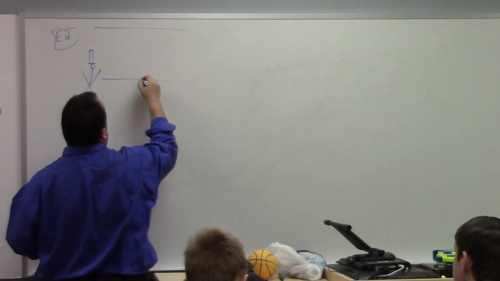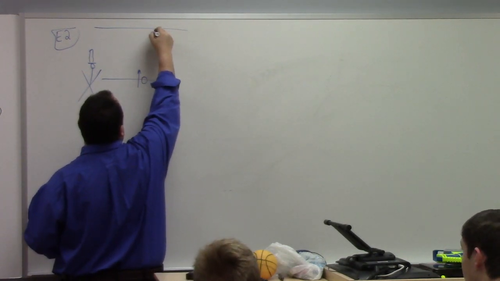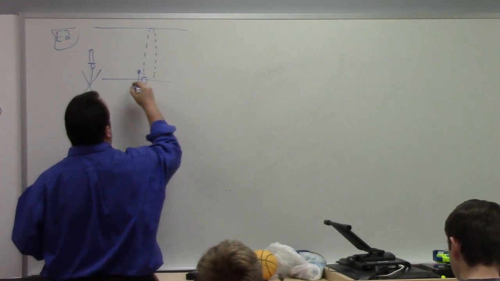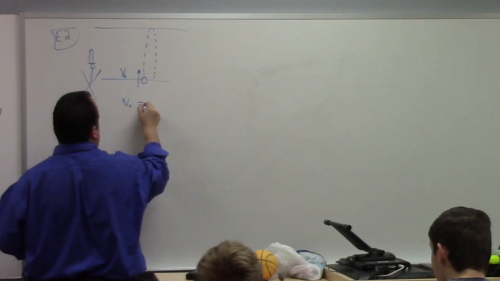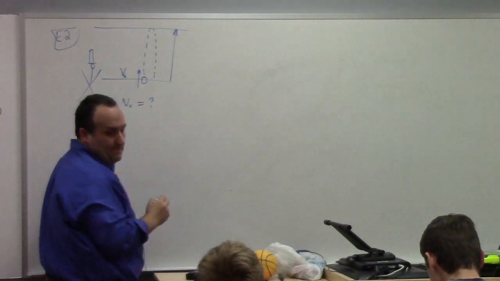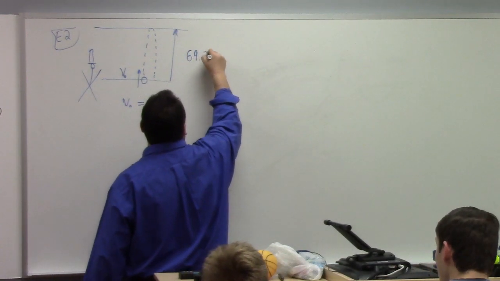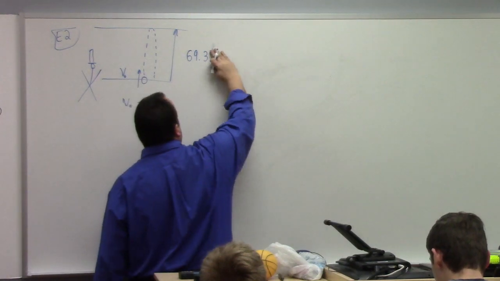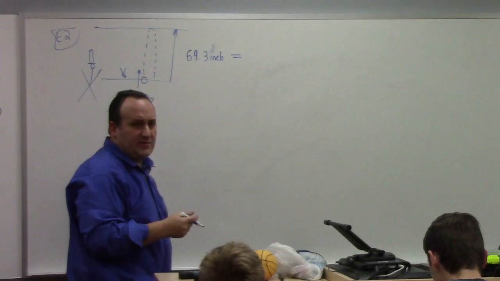And so the ball is going up, and then it comes up here, and then comes back down, right? Then the question is v naught equals question mark. And I told you that this distance here is what? 69.3 inches. So the first order of business is to convert that to meters.